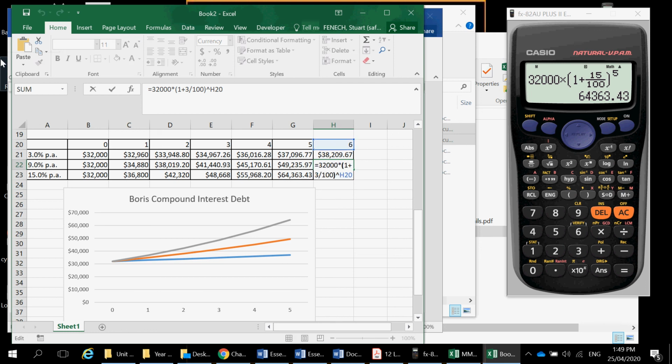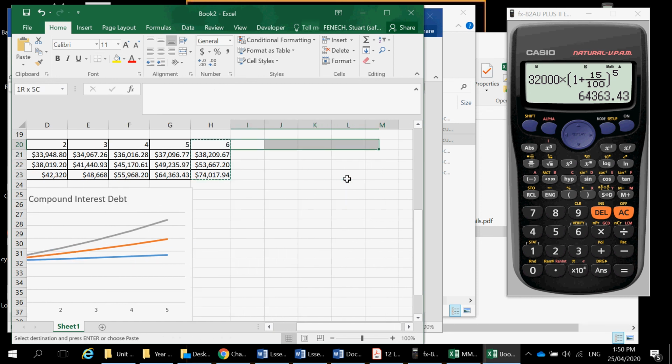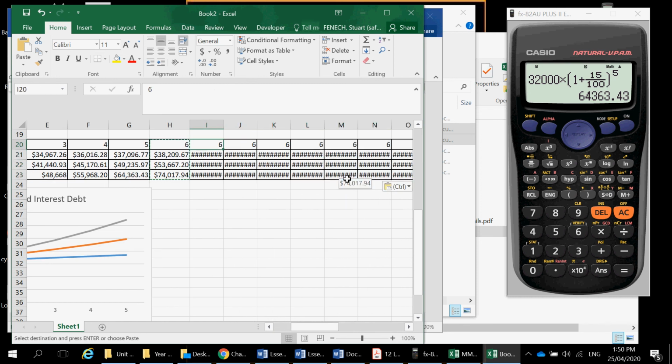For 9%, it needs to be 9 divided by 100. For 15%, this is really an extension, guys, but hey, let's have some fun. Once I've written this formula, because it's referring to the cell H20, it's referring to this 6. If I just copy that over here for a few years, oh no, I need to change the numbers, that's not going to work.